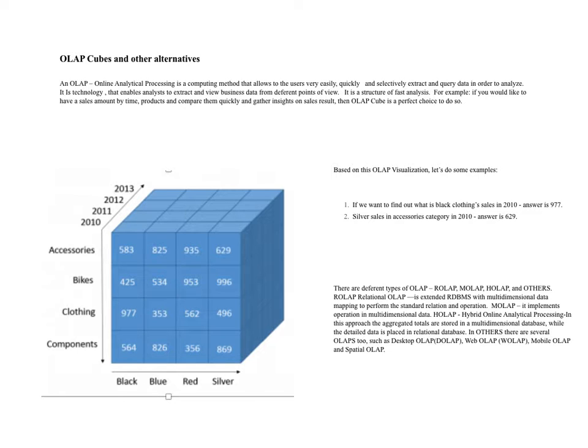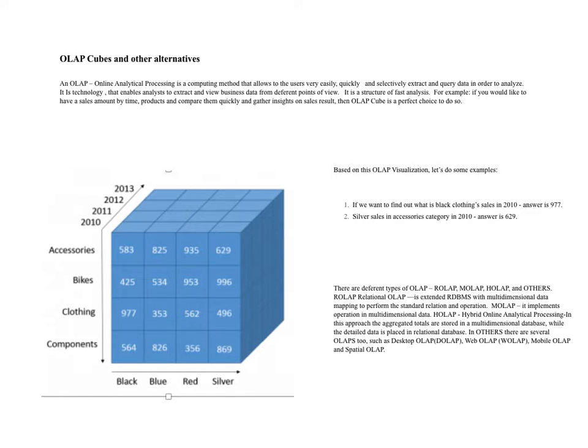For example, if we want to find out what the black clothing sales were in 2010, we go to the row for black, then choose clothing, and 2010 is the first row, so it means it's 977. So the answer is 977.